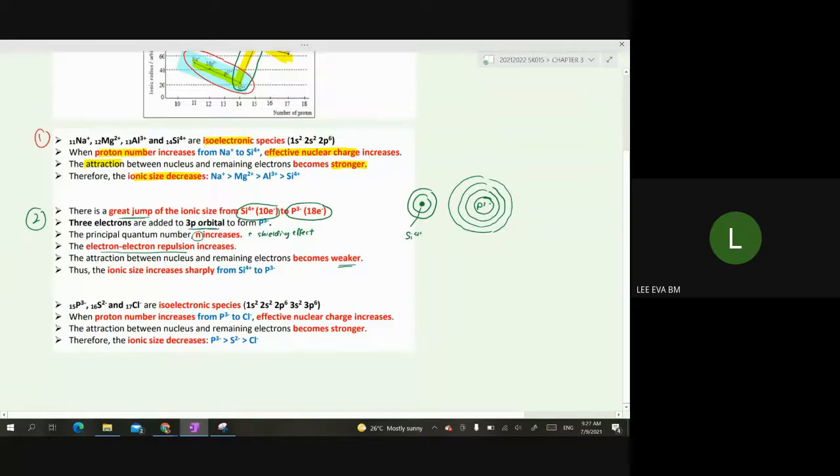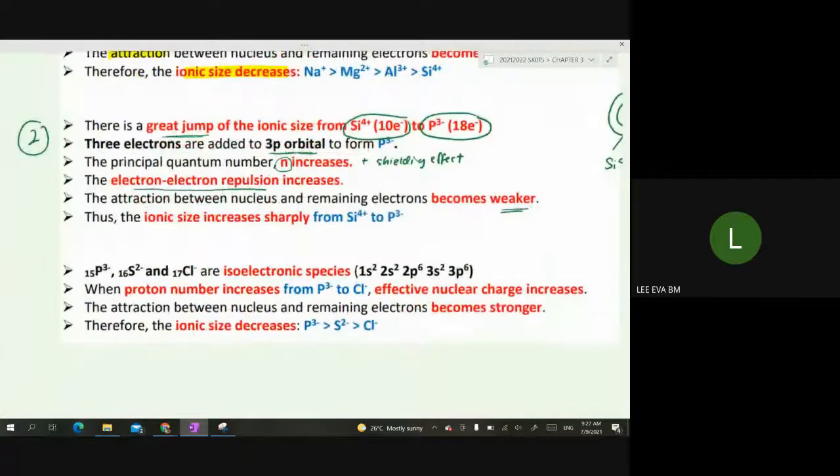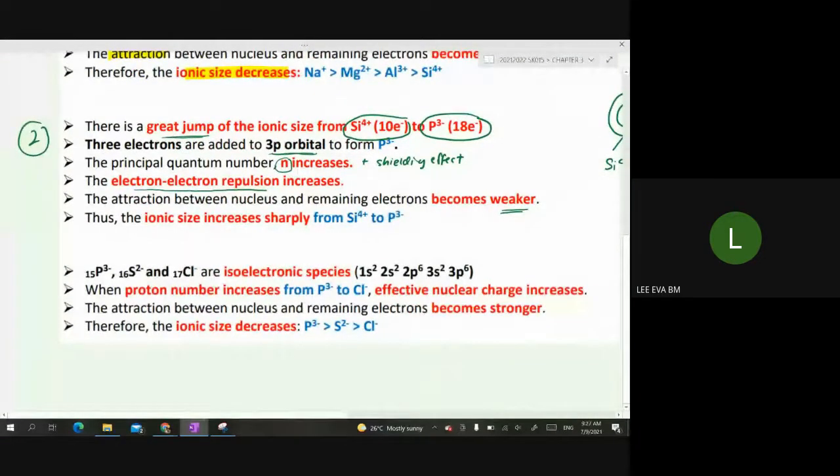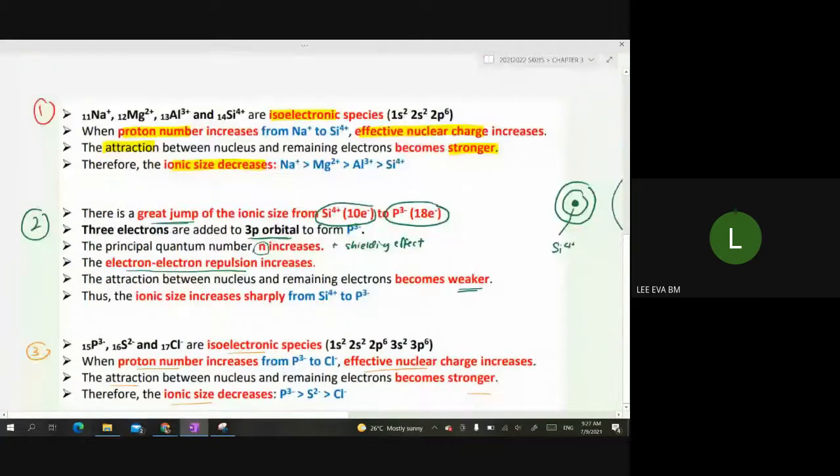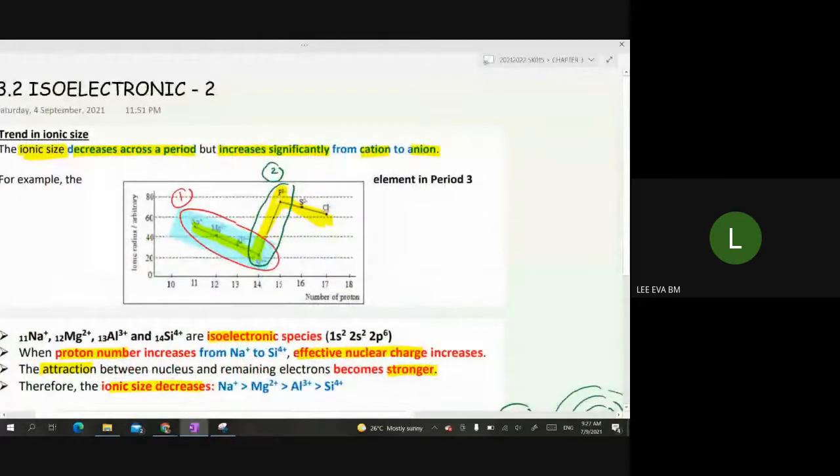Okay. Last sentence over here, the last trend, we talk about phosphorus until chlorine, which is similar to just now. Isoelectronic, proton number increases, effective nuclear charge increases, attraction stronger, ionic size decreases. So this is talking about part 3 inside the diagram, from phosphorus to chlorine.